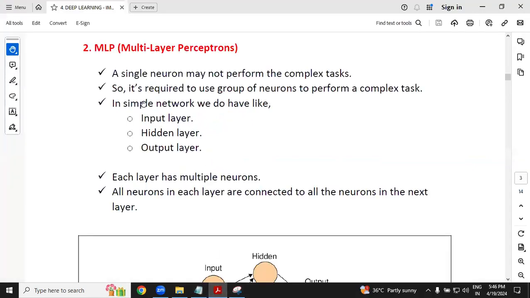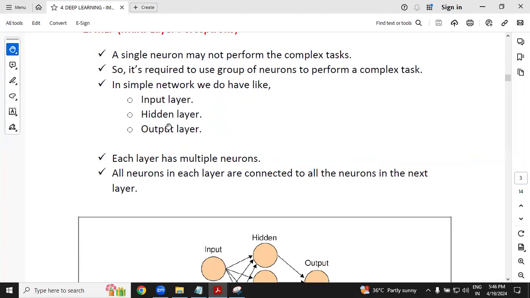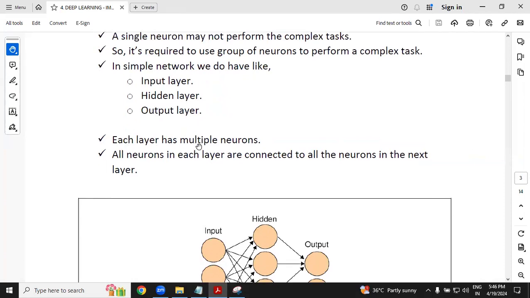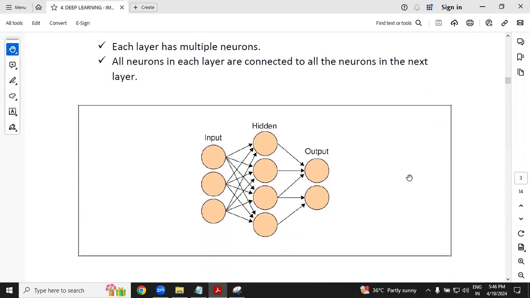So it is required to use a group of neurons to perform complex tasks. In a simple network, we have an input layer, a hidden layer, and next an output layer. Each layer has multiple neurons. Look at my screen. The diagram shows a simple neural network architecture.